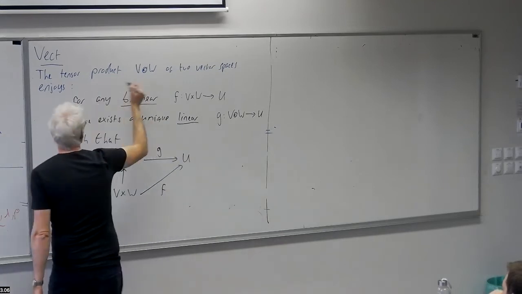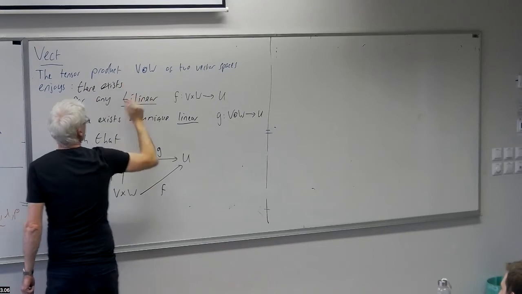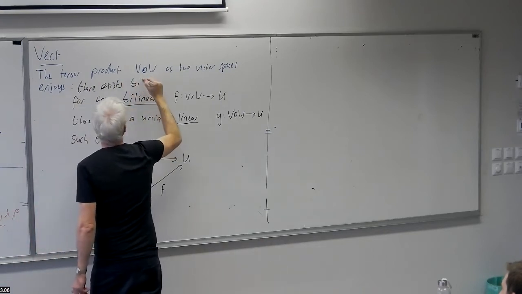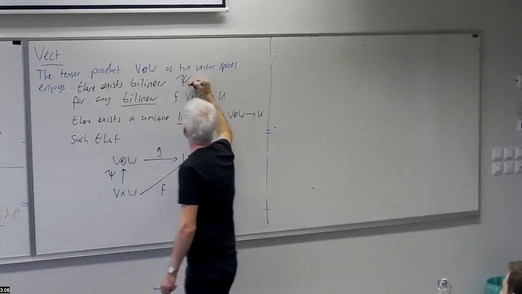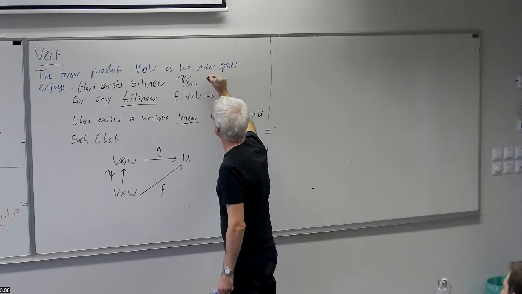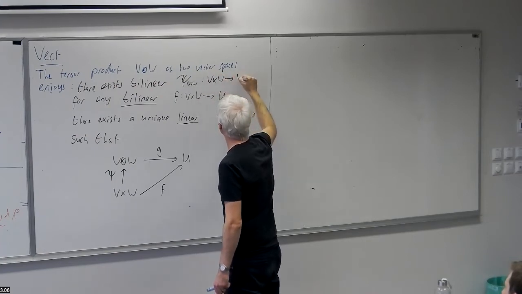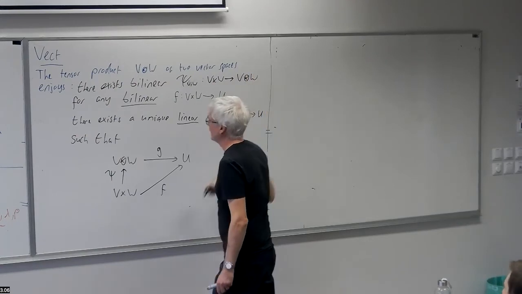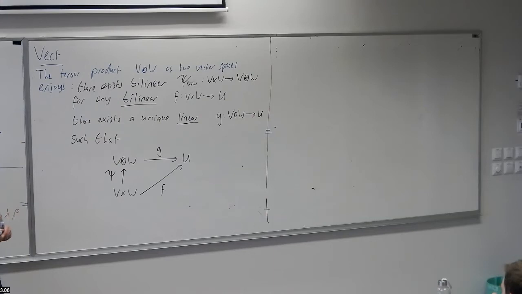So we should put at the start, there exists a bilinear psi VW that goes from V times W to V tensor W, such that for any bilinear map, this diagram commutes.